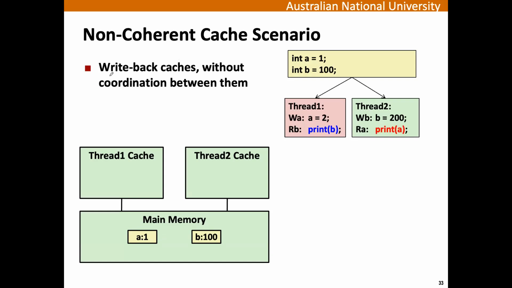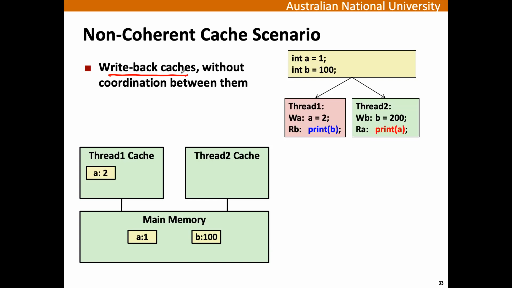A write-back cache is where whenever there's an update in the cache, you don't write the result through to memory. You wait for a replacement or an eviction, so you write back the cache line to memory only on eviction. So imagine you have a write-back cache, and there's no coordination between core 1 and core 2.